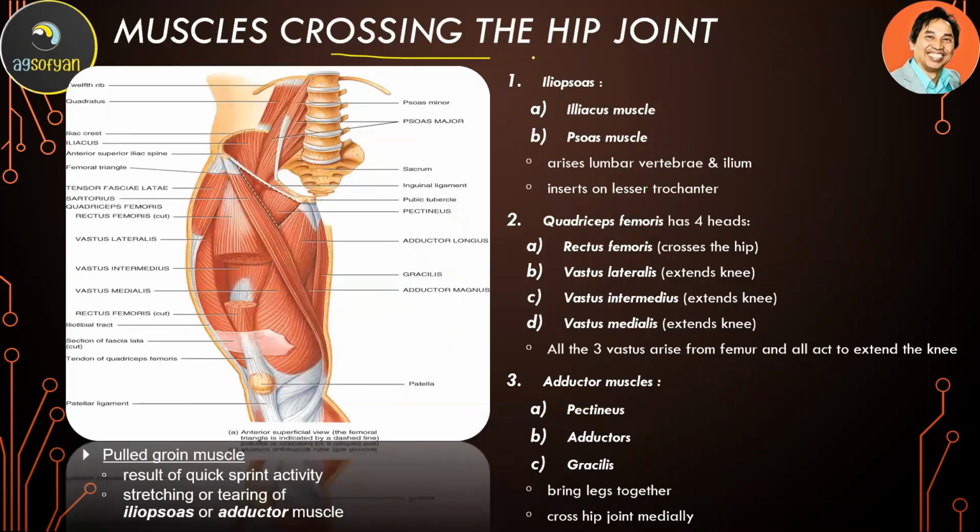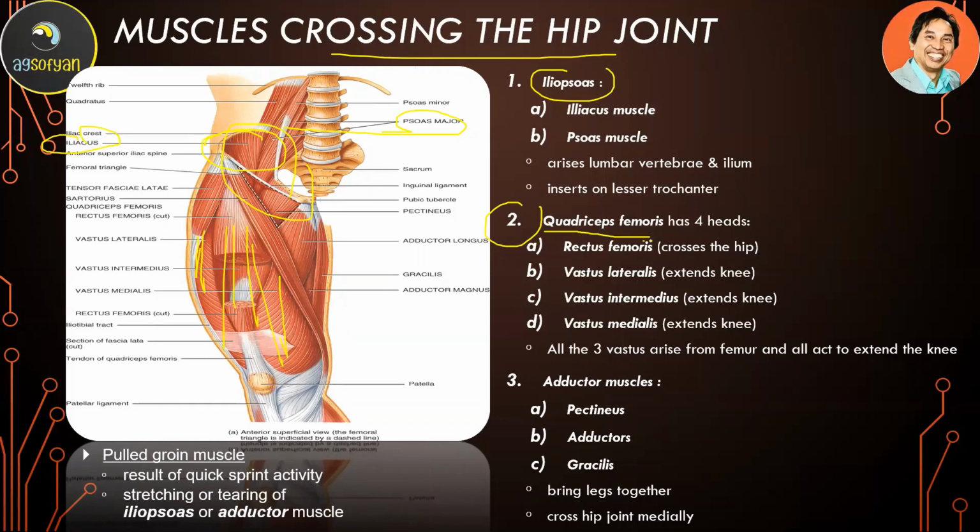Muscles crossing the hip joint. There are several groups. Iliopsoas, this is in this area over here. This consists of the psoas muscle and the iliacus muscle. So the iliopsoas. The second group is, of course, the quadriceps femoris, the muscles in the front and lateral side of our thigh.